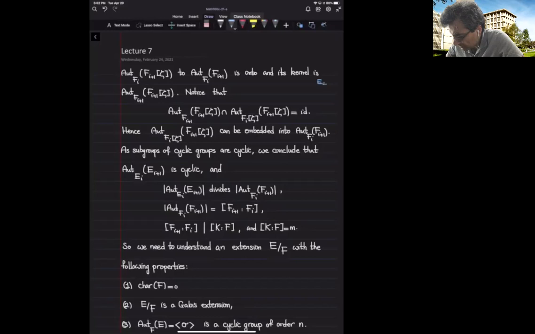So I have E_{i+1} going over E_i, and this is a lift of F_{i+1} over F_i, and now we know that this extension E_{i+1} over F_i is Galois, F_{i+1} over F_i is Galois, E_i over F_i is also Galois. So all the extensions are Galois because we already know that these guys are going to be Galois as well.